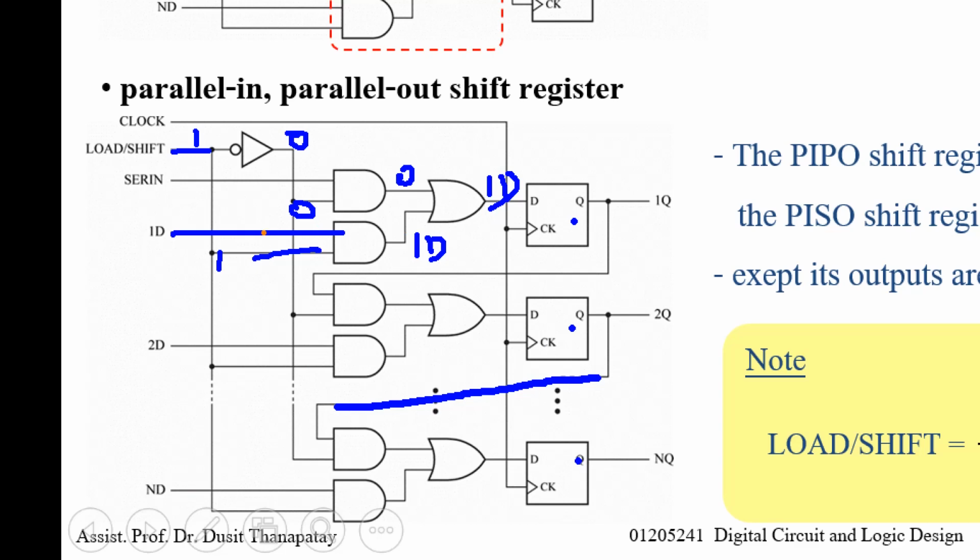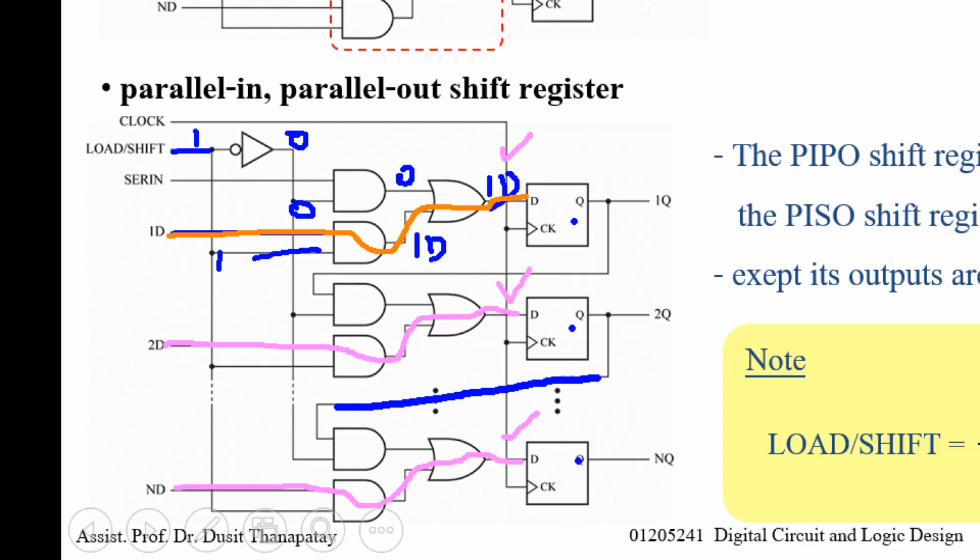So that means now the data from the external input is fed and waits at this input of the flip-flop. Similarly, for this one also, data from 2D flows and waits here. And this one also, ND flows and waits here.